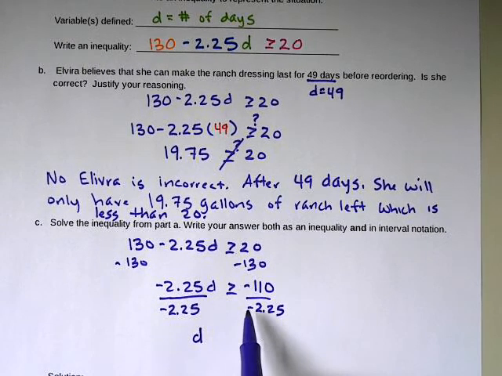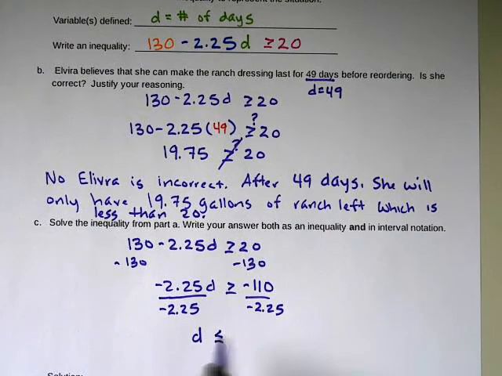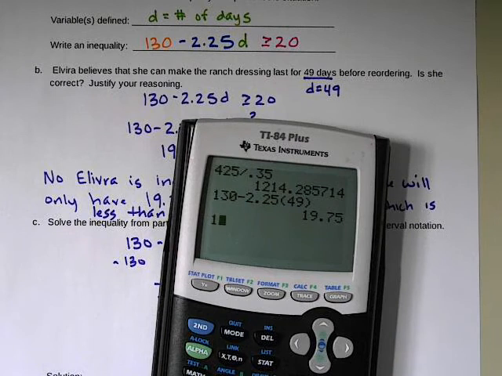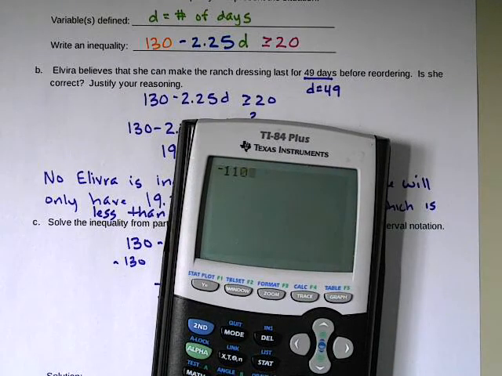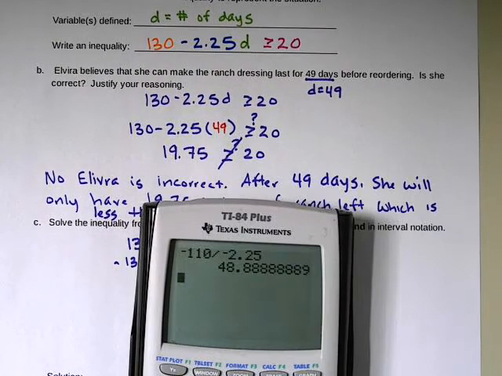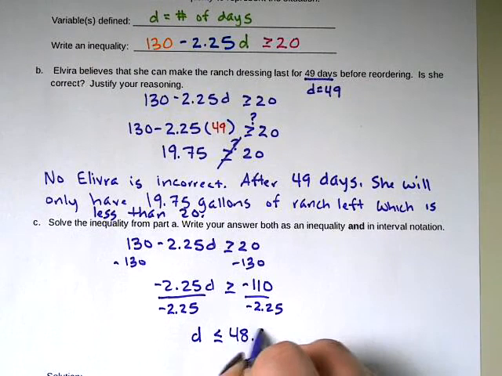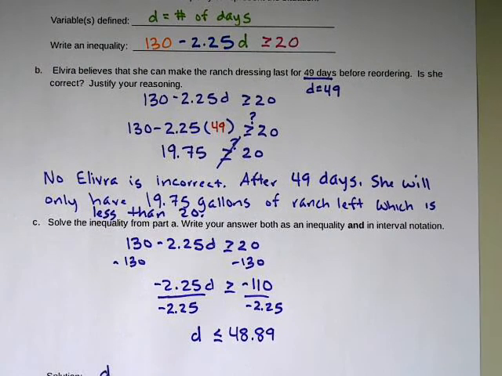We're dividing both sides by a negative number, so we need to flip our inequality. So D is going to be less than or equal to whatever number we get there. Let's see, negative 110 divided by negative 2.25? So 48.89.